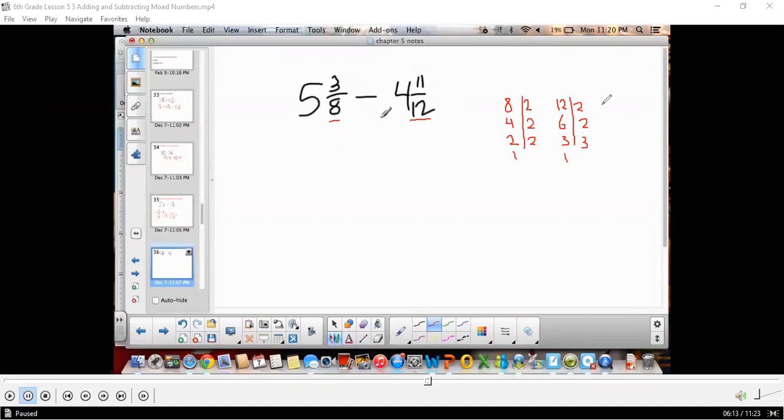Okay, we are going to find the least common multiple. For 8, I have 2 multiplied by 2 multiplied by 2. For 12, it will be equal to 2 times 2. I don't have more 2s, so I'm going to leave a space, times 3.